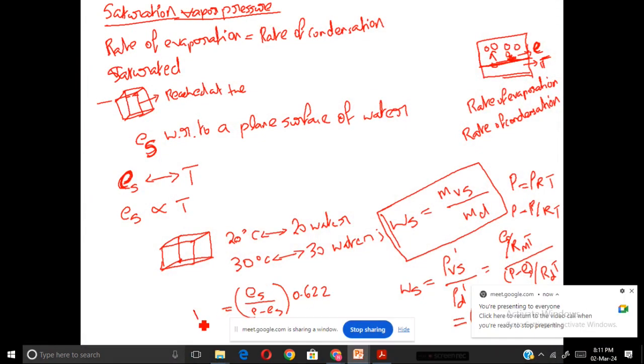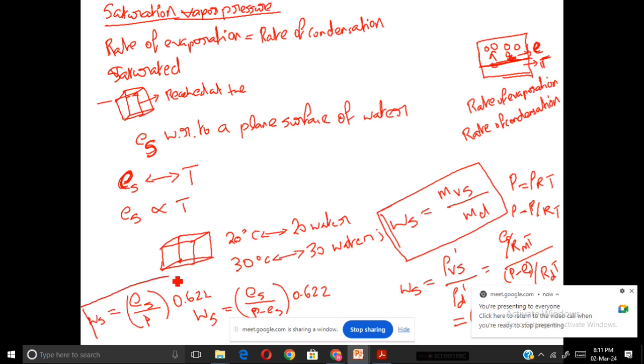So WS will become ES by P minus ES into 0.622. Since the value of ES is very much less compared to the total pressure P, P minus ES can be written as P. So basically WS will become ES by P into 0.622.